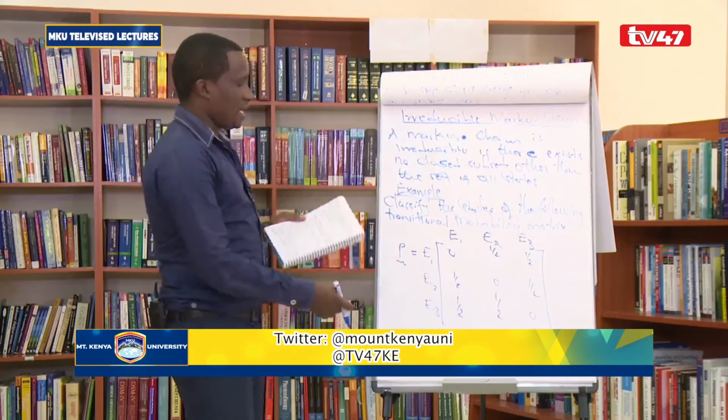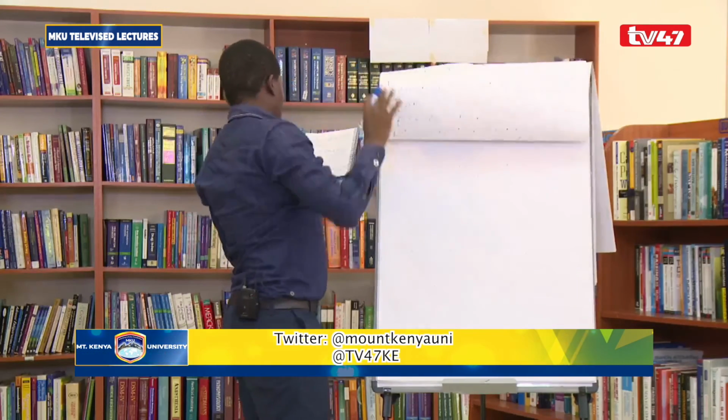We notice that this is a doubly stochastic matrix.